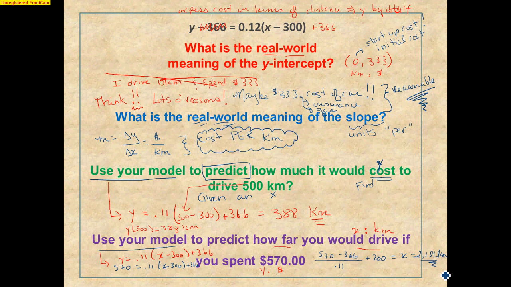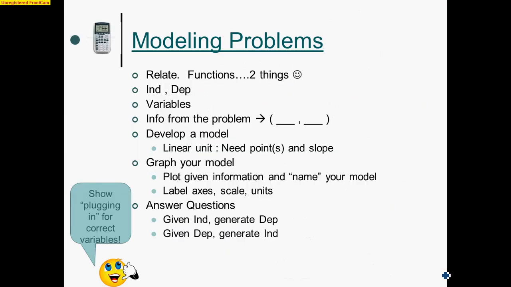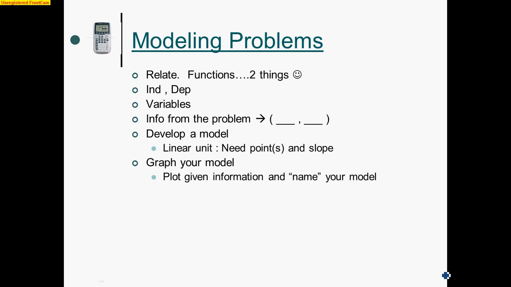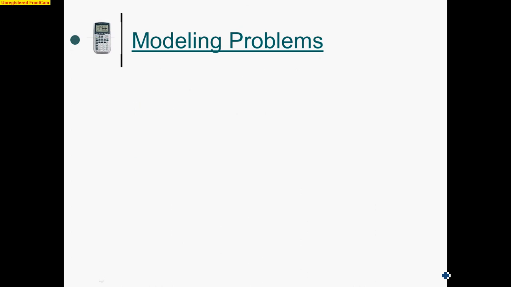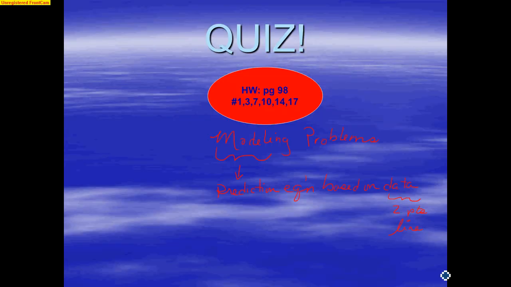So your homework tonight, going back to the beginning, was again these problems in your book. These are all word problems that you need to follow my directions on: getting the points, writing the equation in point slope form, and answering questions.